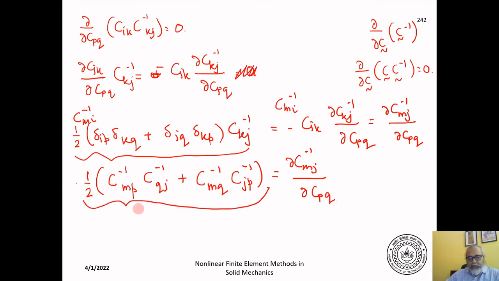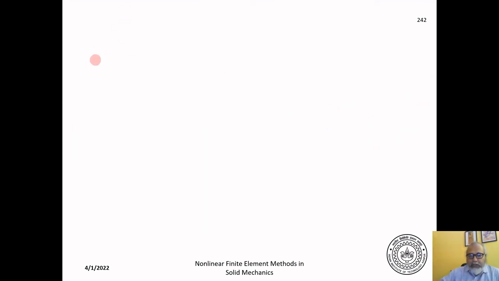We give this tensor a name. This is equal to I. This is a fourth order tensor which gives you del C inverse by del C. So this is equal to this new tensor that we have derived, which is I, and that's written in this manner. Now we have everything to derive the tangent stiffness.